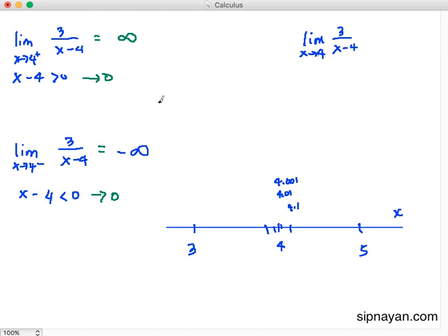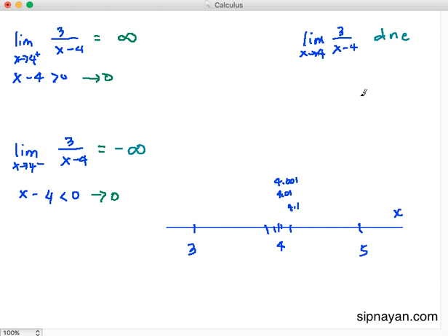This is negative infinity. And since the right hand tsaka left hand limits are not equal, therefore, the limit of 3 over x minus 4 as x approaches 4 does not exist.